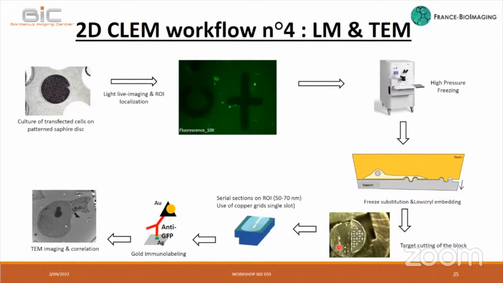After polymerization and removal of the block, this is the same principle as the engraving I explained previously, because the carbon replica stays at the surface of the block, so we are able to localize the same region of interest and cut only in this part, do serial section.